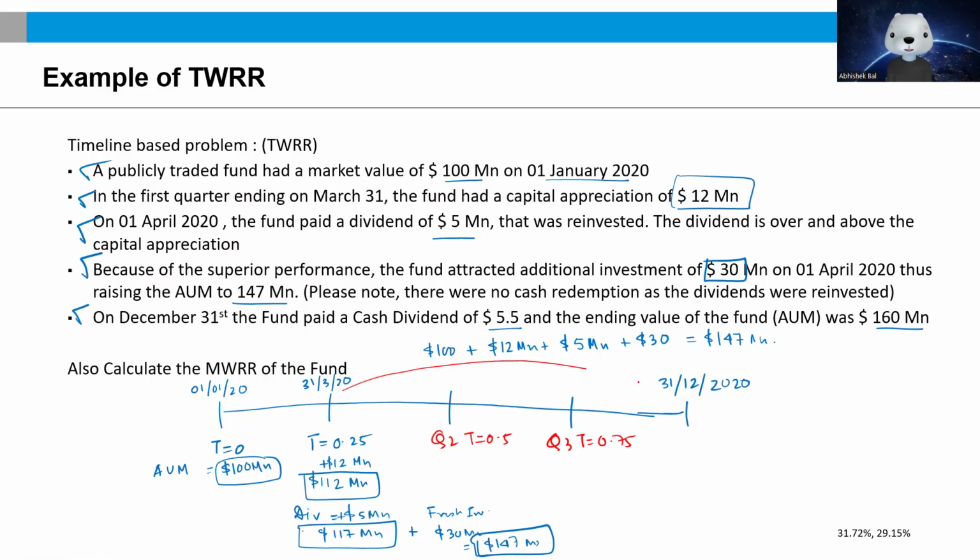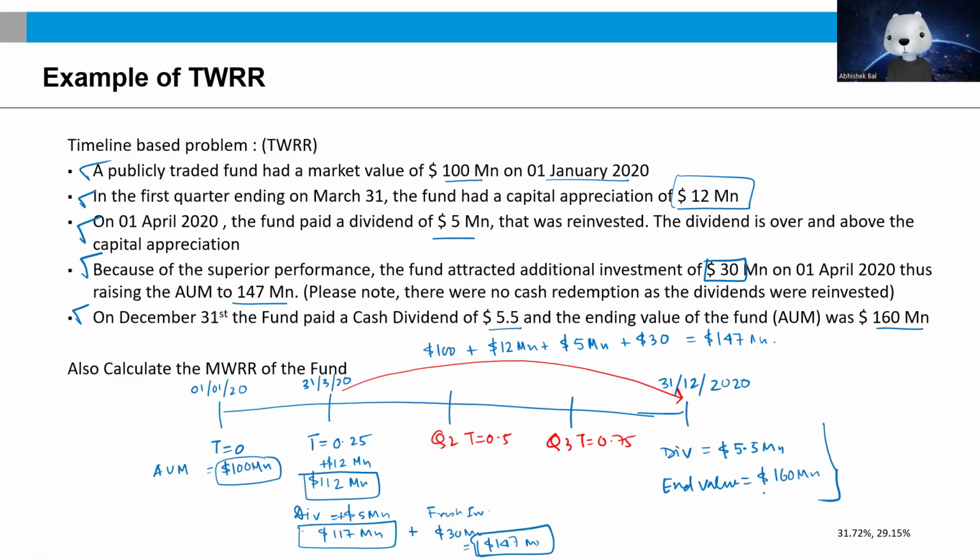It straight away takes us to the end of the year, wherein it is being declared that there is a cash dividend of $5.5 million. And the ending value, even after paying of the dividend, the ending value of the fund is actually $160 million.